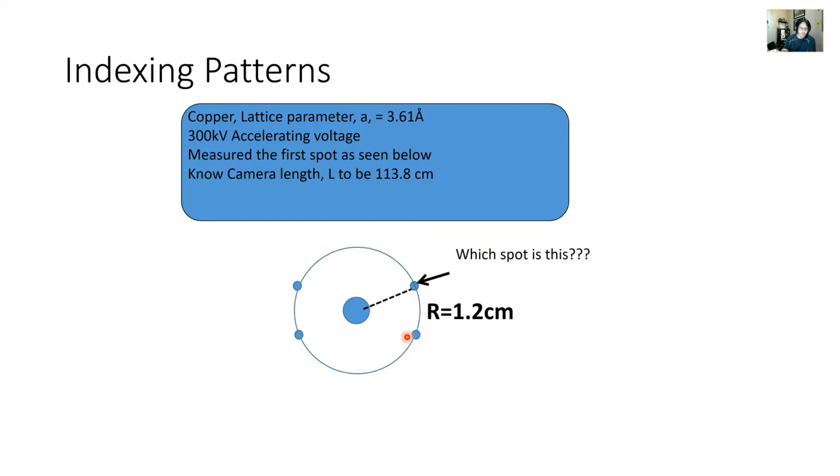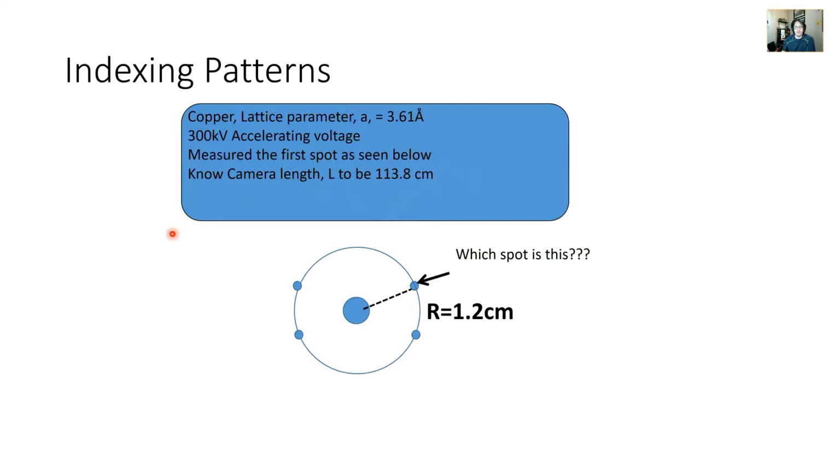Okay, so I had a ruler and I printed it out. That's basically how I would get that. Or I had it in some digital imaging software and I measured it digitally. Maybe that's more precise. I know the camera length of my instrument to be 113.8 centimeters, and camera length is kind of a static thing, and it's actually set when the machine is set up and calibrated. So I know this camera length.